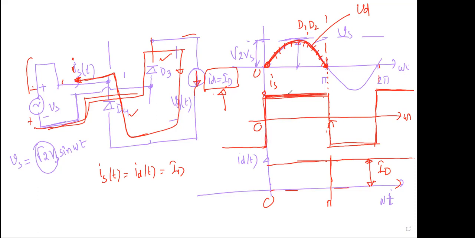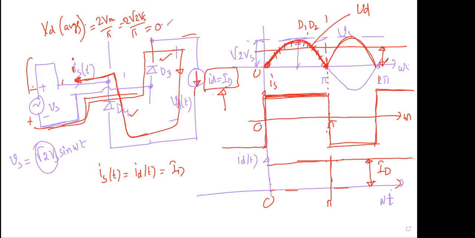So then look here, we'll have the same output voltage, and we can find the average value, VD average, that will be the same as before, 2 Vm by pi or root 2 Vs by pi. That means 0.9 Vs.